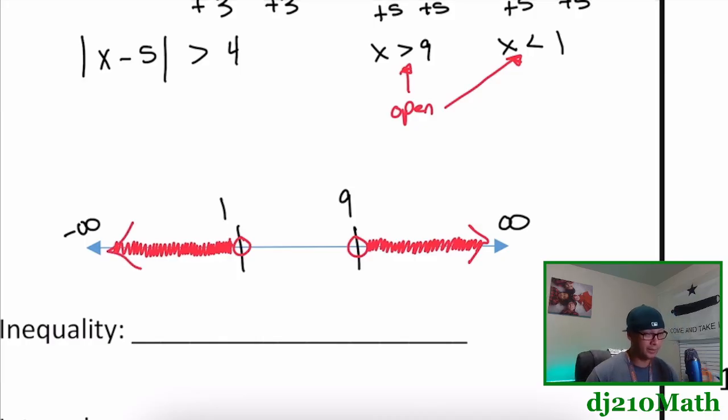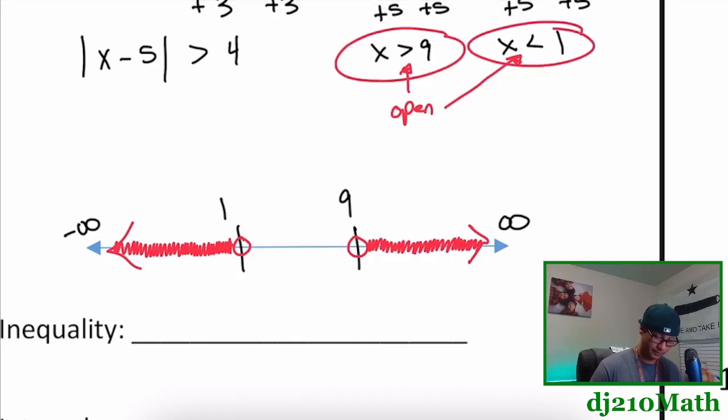So the inequality is going to be 2 pieces. In fact, when it's 2 pieces, our answers are the 2 up here. x less than 1 and x greater than 9.